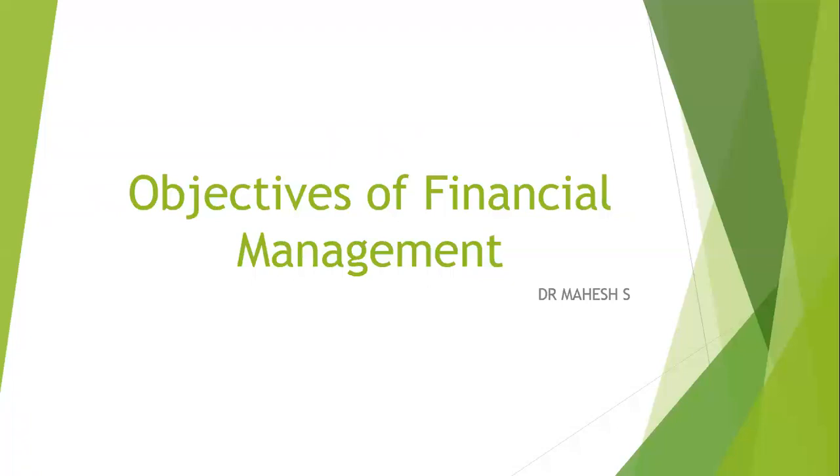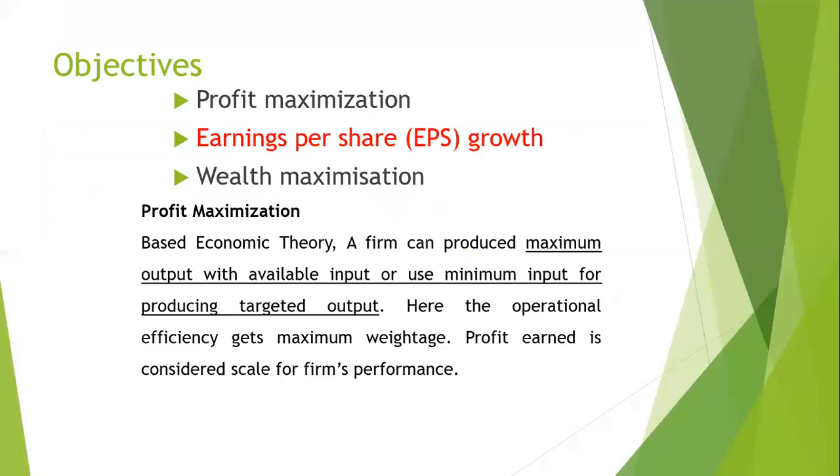So we have discussed the objectives of financial management. The traditional and the modern objectives are there. Traditional objectives are profit maximization or EPS growth. In these objectives, they look at producing maximum output and earning maximum profit. Profitability is the factor.